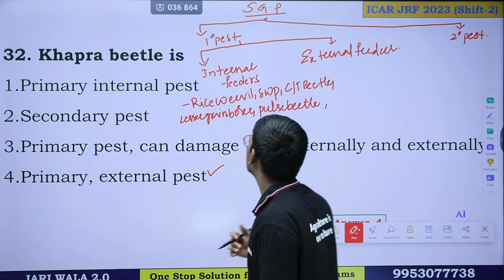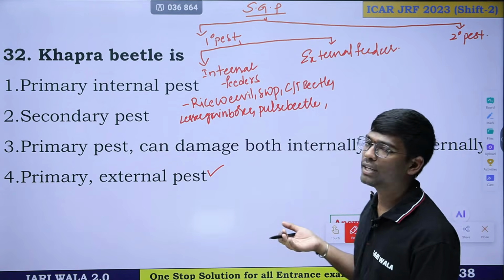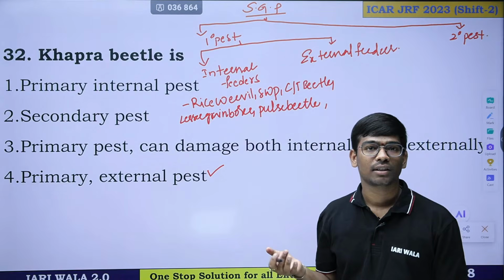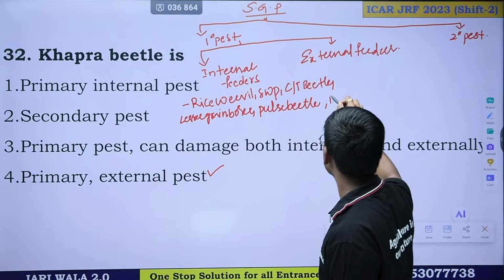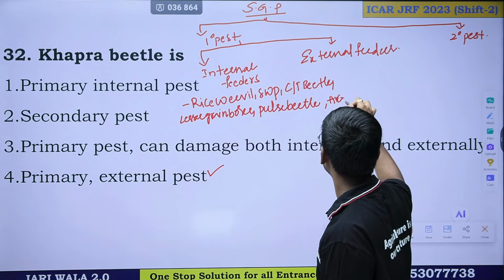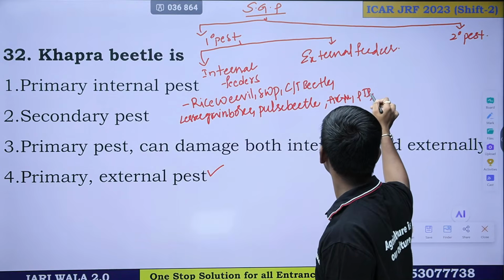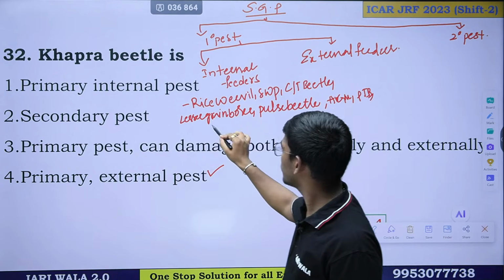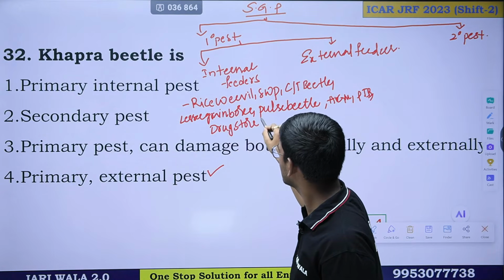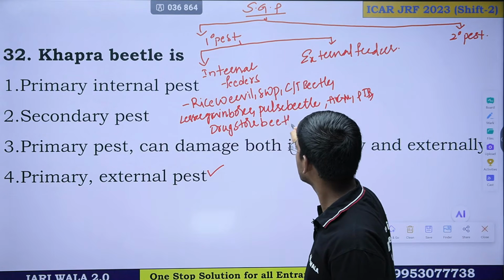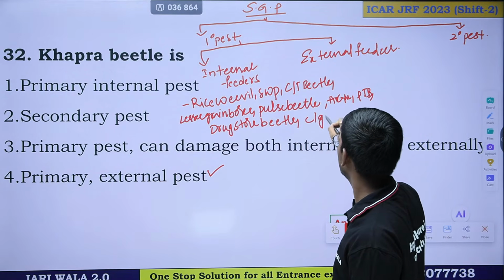So then we are having rice weevil, sweet potato weevil, cigarette or tobacco beetle. Then what are we having? Lesser grain borer, pulse beetle, Angoumois grain moth we are having, potato tuber moth we are having, then drugstore beetle we are having, and we are also having the cigar beetle, the last one.